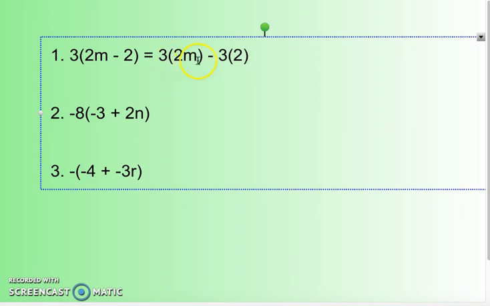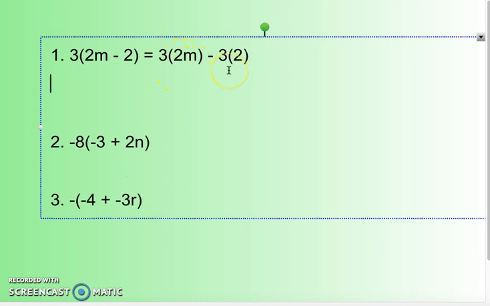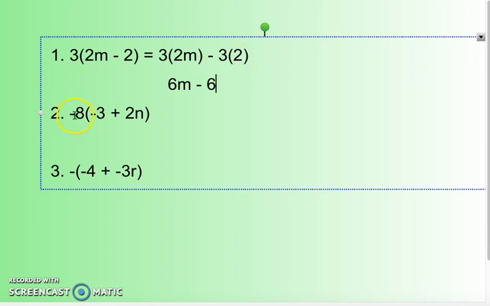But notice the 2 is next to the m. That also means times. So really this is just 3 times 2 times m. So 3 times 2 is 6. And then 6 times m is just 6m. And then if we simplify this side, 3 times 2 again is 6. And so this is our expression in simplest form. What about number 2?